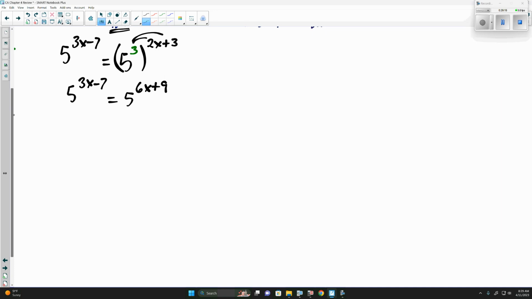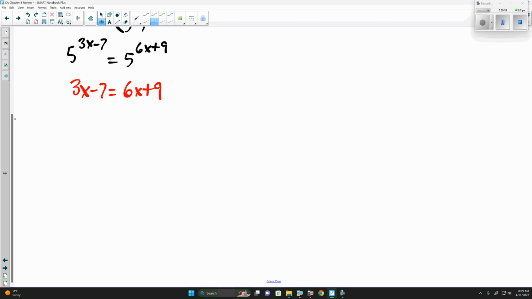If the bases are the same, then the exponents have to be the same as well. So we're saying that 3x minus 7 has to equal 6x plus 9. The only way these two can be equal, with the bases being equal, is if the exponents are equal. And we can solve from here. We can subtract 3x from both sides.